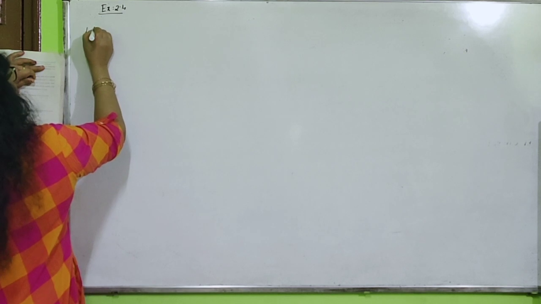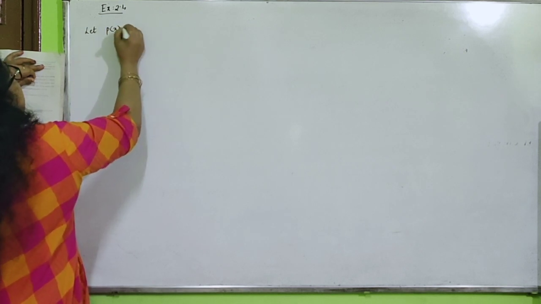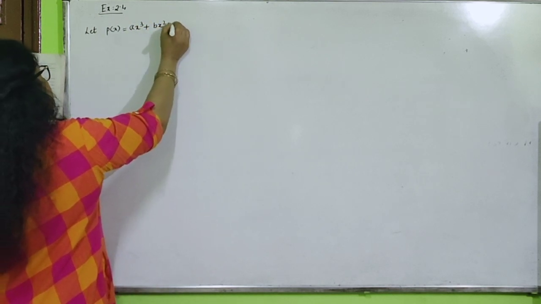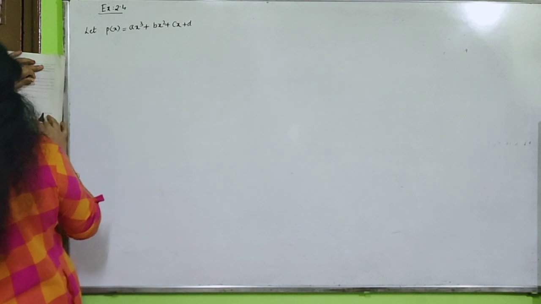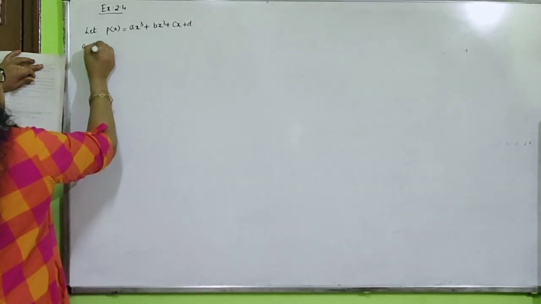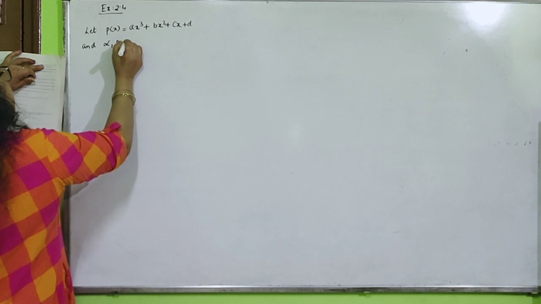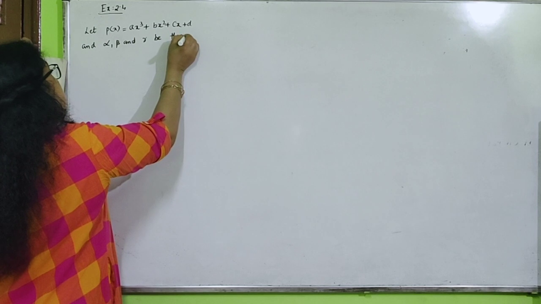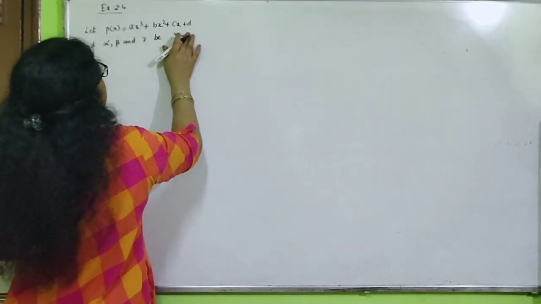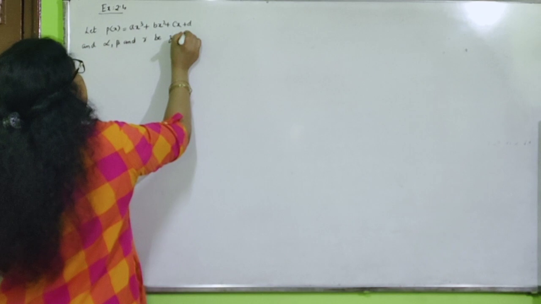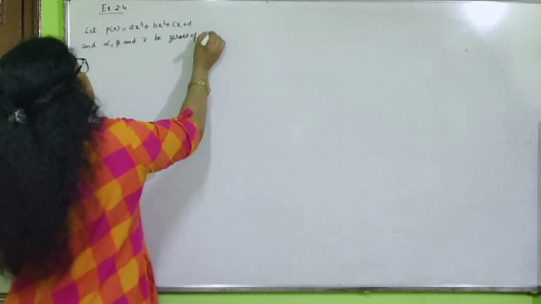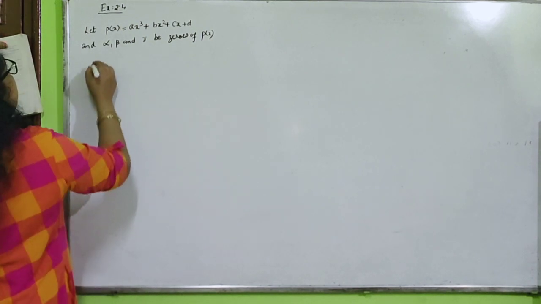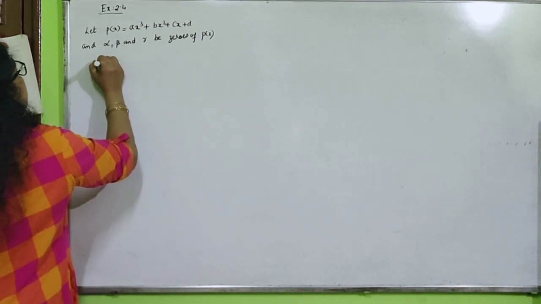So let P of x be the cubic polynomial ax cube plus bx square plus cx plus d, and alpha, beta and gamma be the zeros of P of x. In this question, what is given?